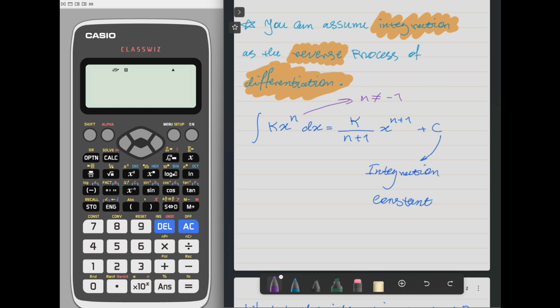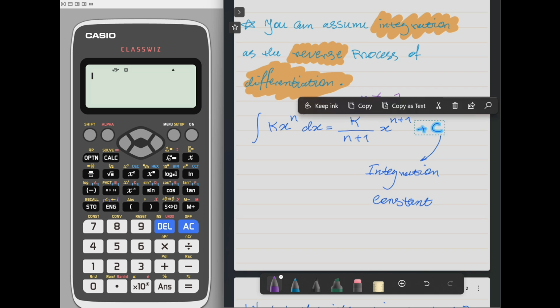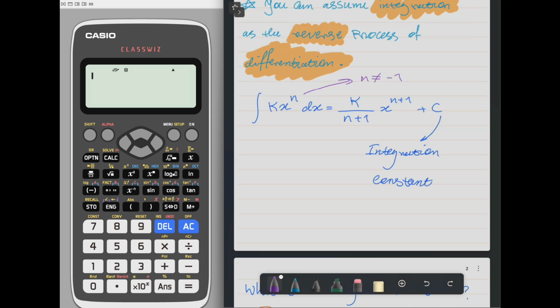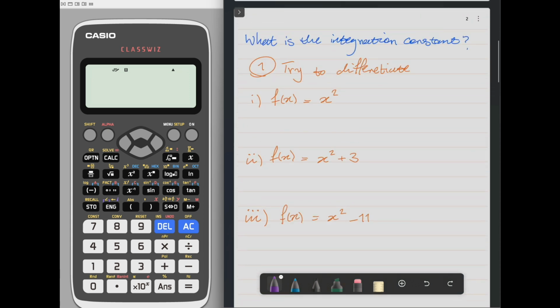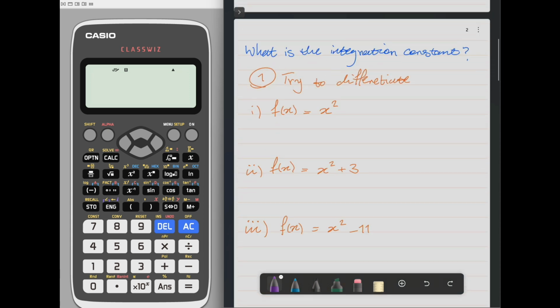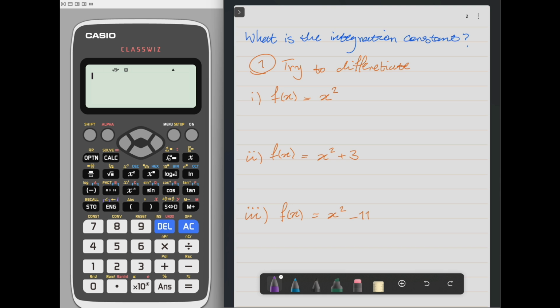And about the integrating constant, which is the c here, we're just going to look at it in this section. So, what is the integrating or integration constant? First step, try to differentiate I, double I, and triple I. So f dash x here is going to be 2x.